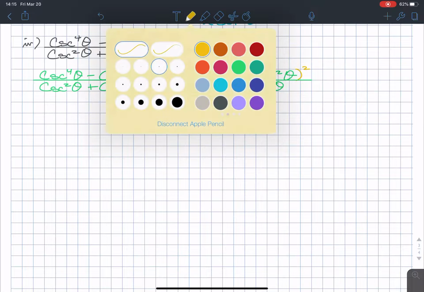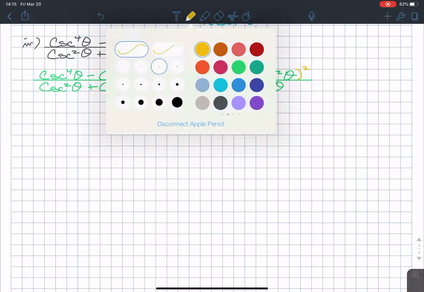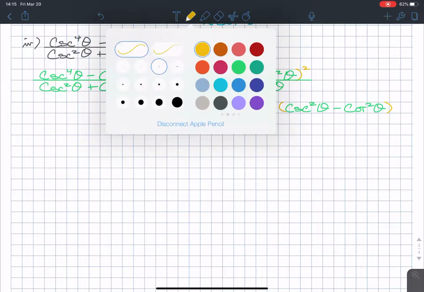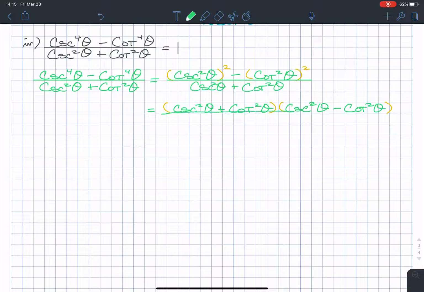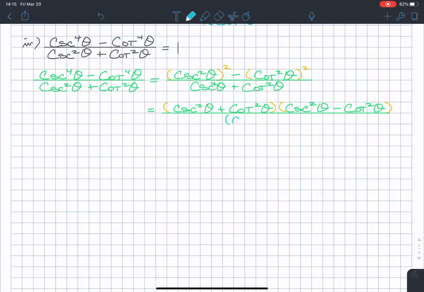So in the numerator, what I have is the difference of squares. So I can factor it as first guy, which is cosecant squared theta, plus second guy, cotangent squared theta, times the quantity, first guy, cosecant squared theta, minus the second guy, cotangent squared theta, end parentheses, all over, in brackets, cosecant squared theta plus cotangent squared theta.